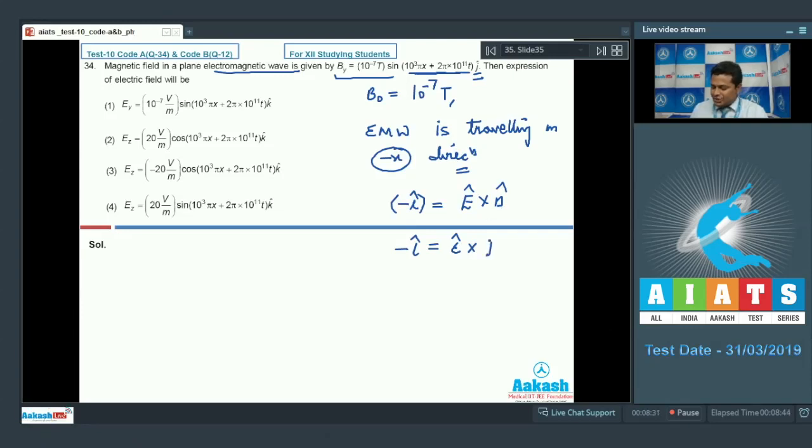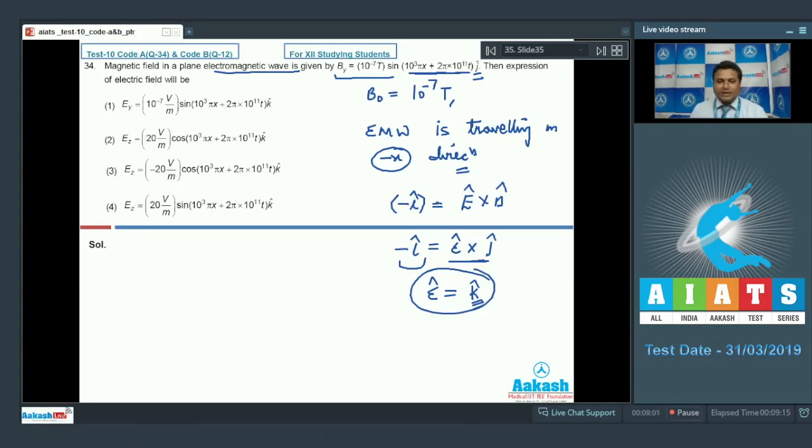B is j cap, so E cross j, you are getting minus i. It means, if you do j cross k, you will get plus i. Now do the vice versa: if you do k cross j, then you will get minus i. It means E cap will be same as k cap, meaning the direction of electric vector will be toward positive k cap.